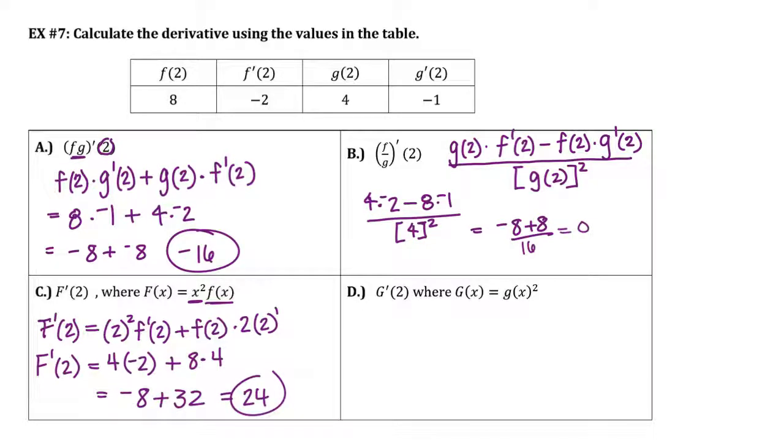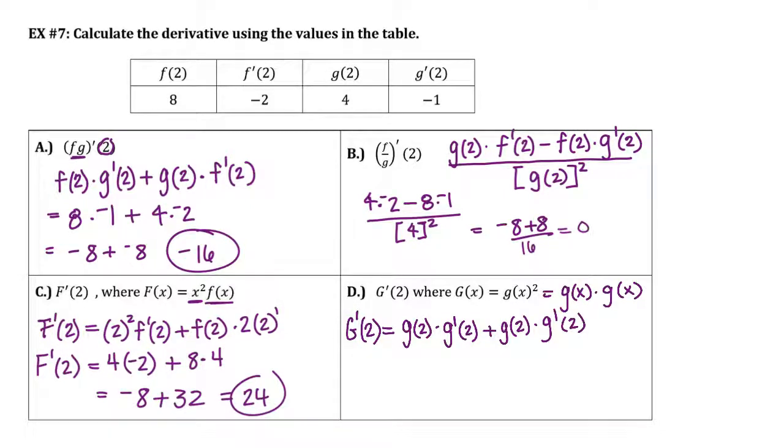All right, so now same idea here. Keep in mind that g of x squared, you can rewrite that as a product of g of x and itself. And now we can go through and say, well, g prime at 2 is equal to, and again, it's the first times the derivative of the second at 2 plus the second at 2 times the derivative of the first at 2.